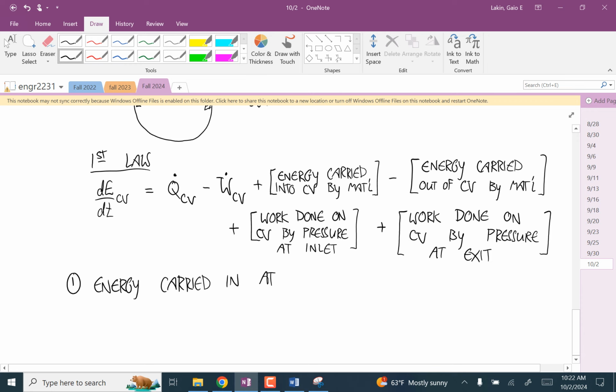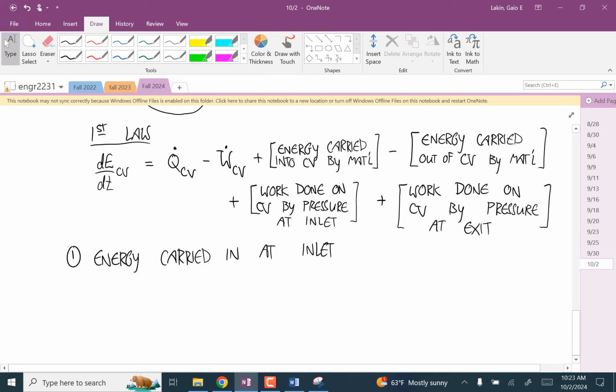And all of these are rates. Anything that I use a subscript I for is going to be at the inlet. Anything I use a subscript E for is going to be at the exit. So what's the energy being carried in at the inlet? Well, just take all of the energy terms. It's going to be 1/2 times m dot times the speed squared at the inlet.